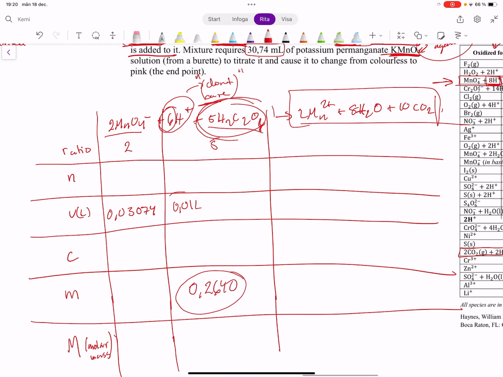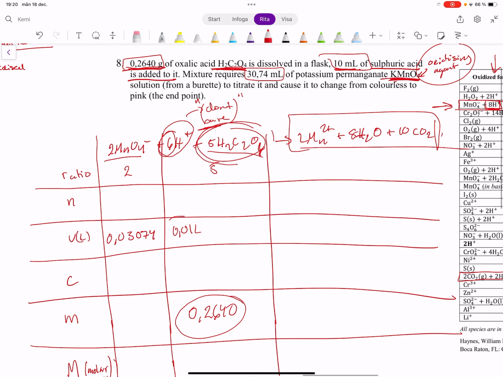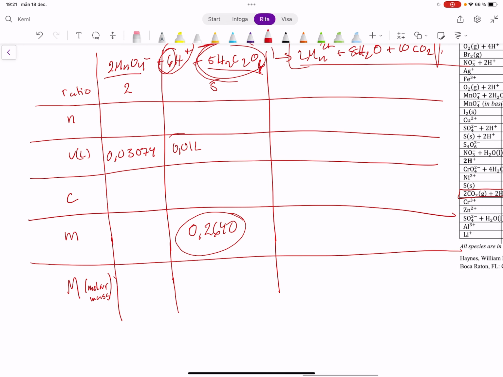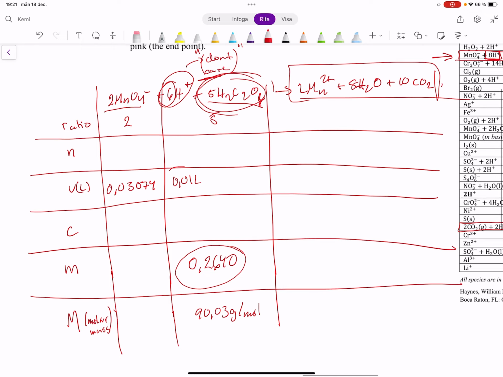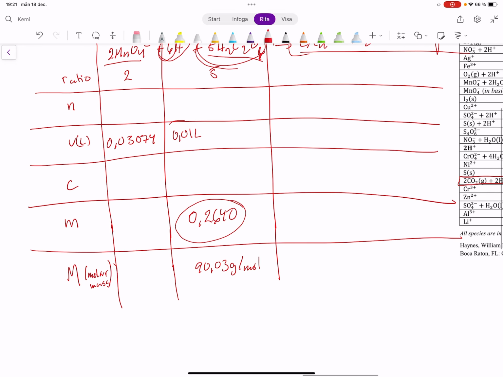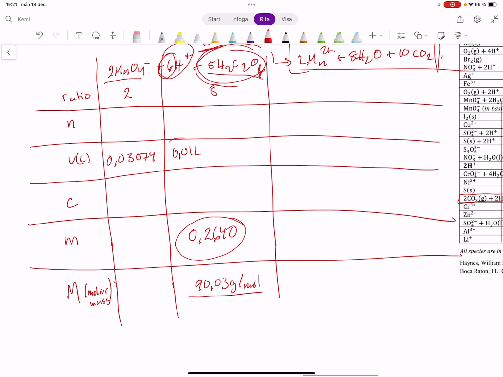The molar mass of H2C2O4, let me just look it up, is 90.03 grams per mole. Now that we have this and we have the mass, this means that we can know the moles of this one.